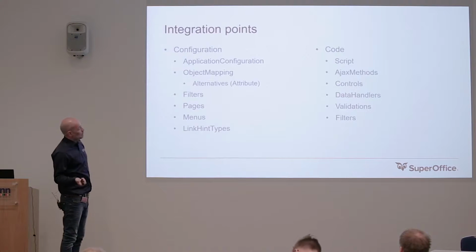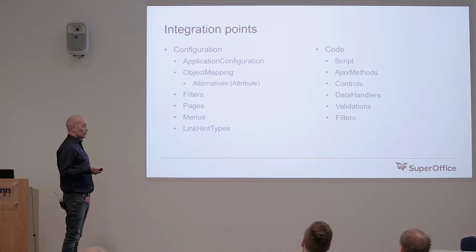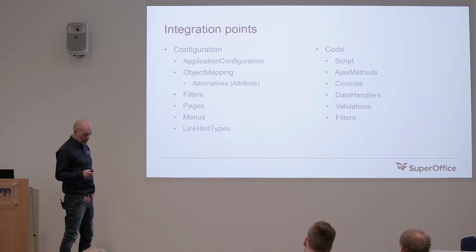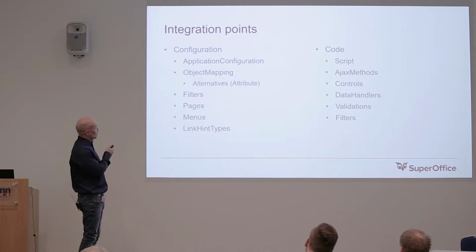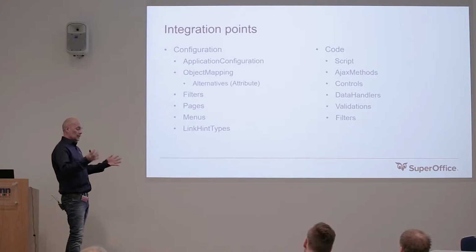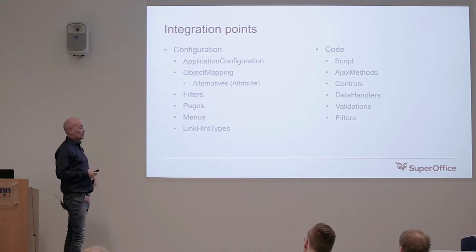You have object mapping, which tells you which component is used for which control, such as the text box component. We have filters, a very important part of the framework, which manipulate the configurations. Pages is the definition of what you see in the client. We have the menus, the context menus, the file drop down, and everything is defined in a configuration file. And you have LinkHintTypes, which define what happens when you click and double click on a row in an archive.